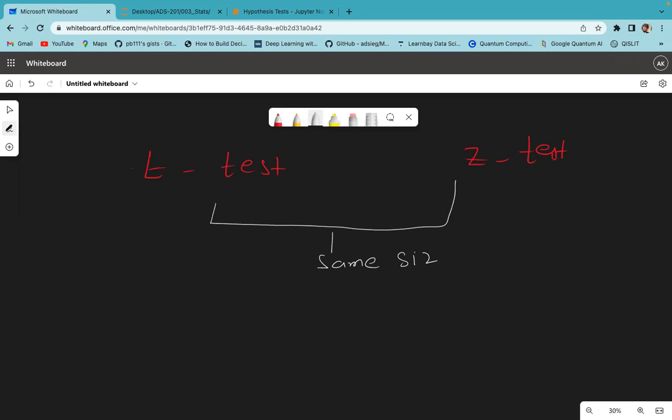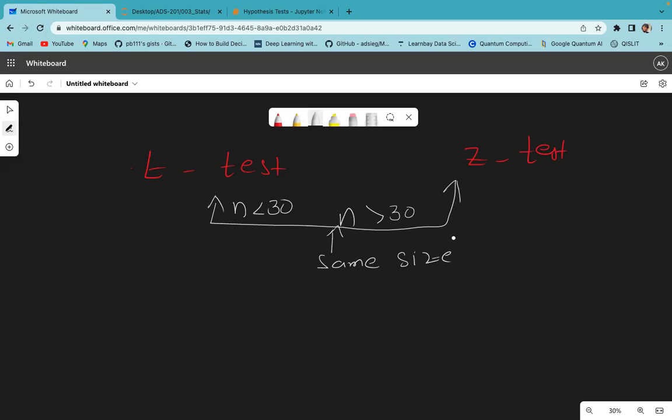We can consider the n. If n is greater than 30, then I would like to go for the Z test. If n is less than 30, then I would like to go for the t test.